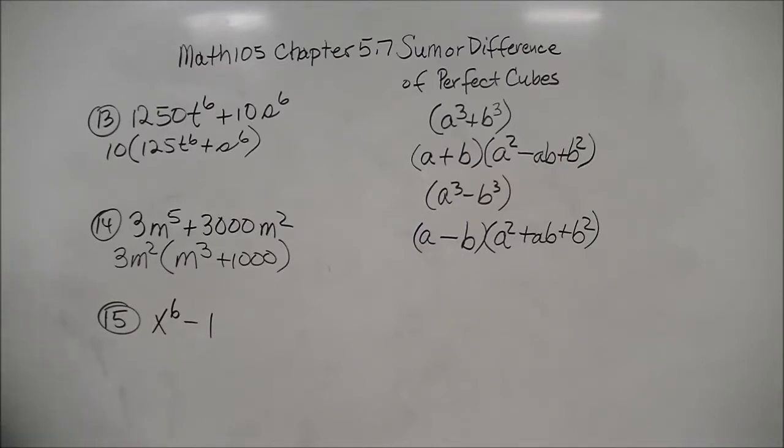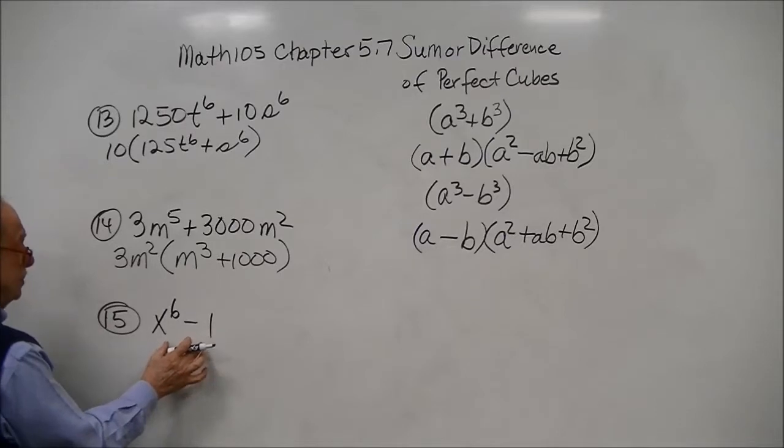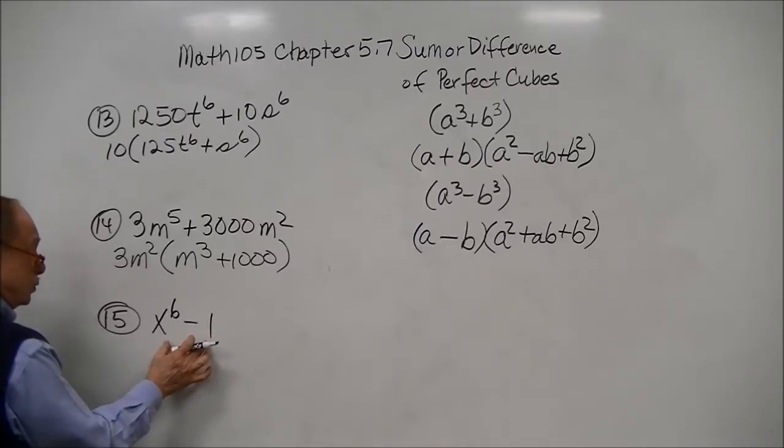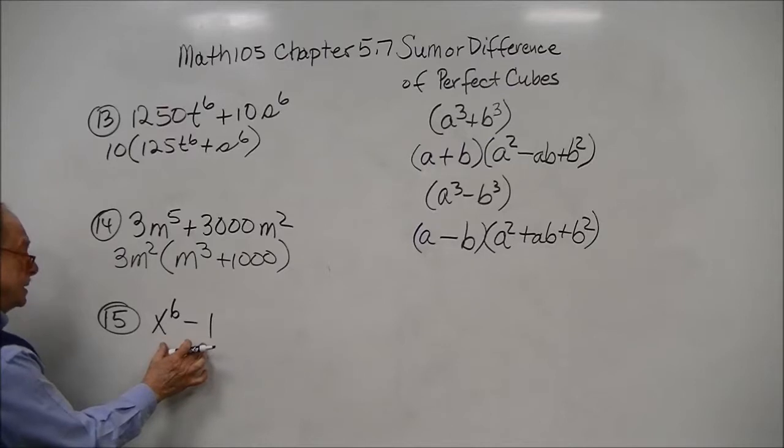Now, number 15, when I first did these, and by the way, I did these ahead of time, so I saw sort of what was going on. This is actually the difference of perfect squares. Let me say that again. This is the difference of perfect squares.